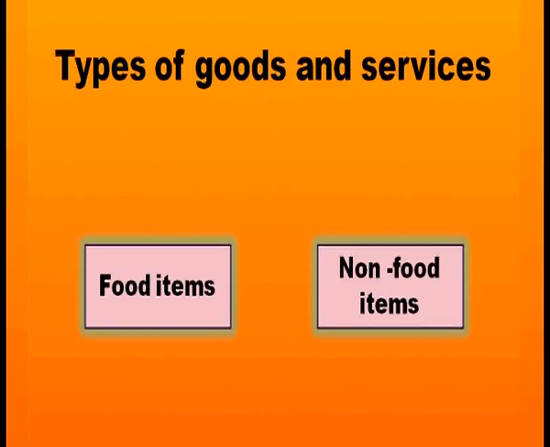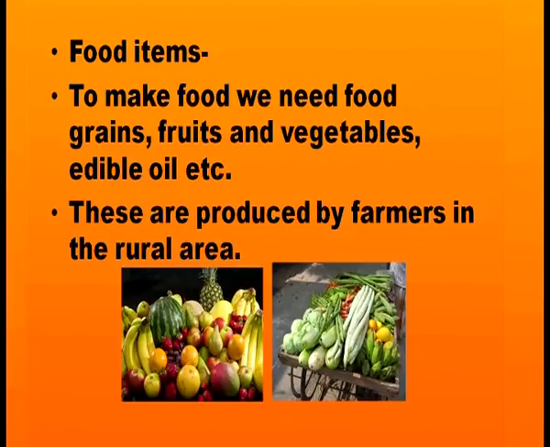And what do they produce? They produce mainly two types of goods. What are they? Food items and non-food items. So what we have seen here, most of the people, especially in the rural areas, work on the field and produce crops. And the crops that they produce are food items. Now what are the food items? Food items are those items which we require to make food.